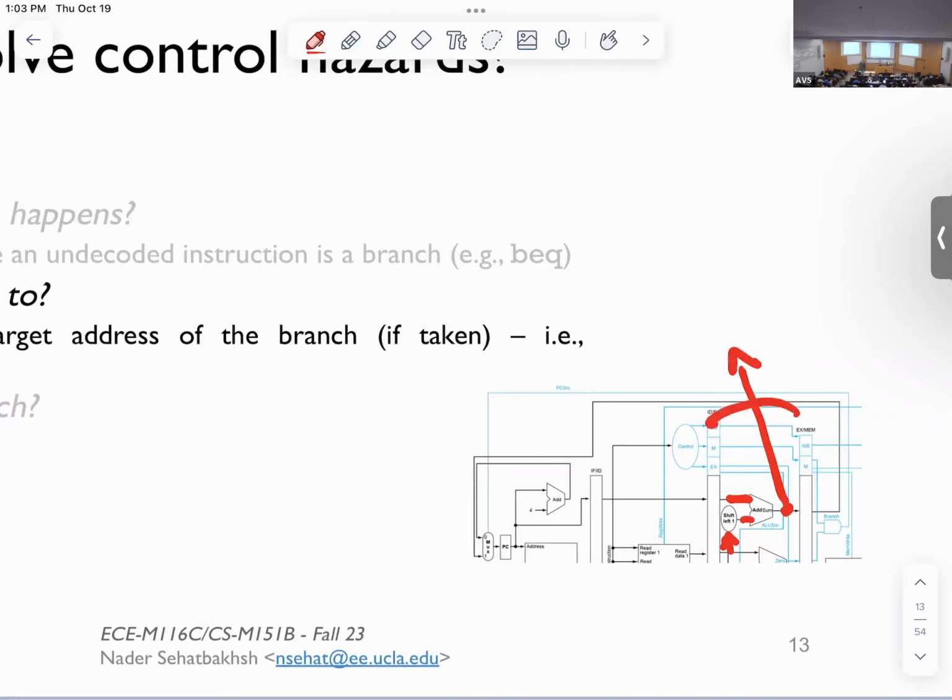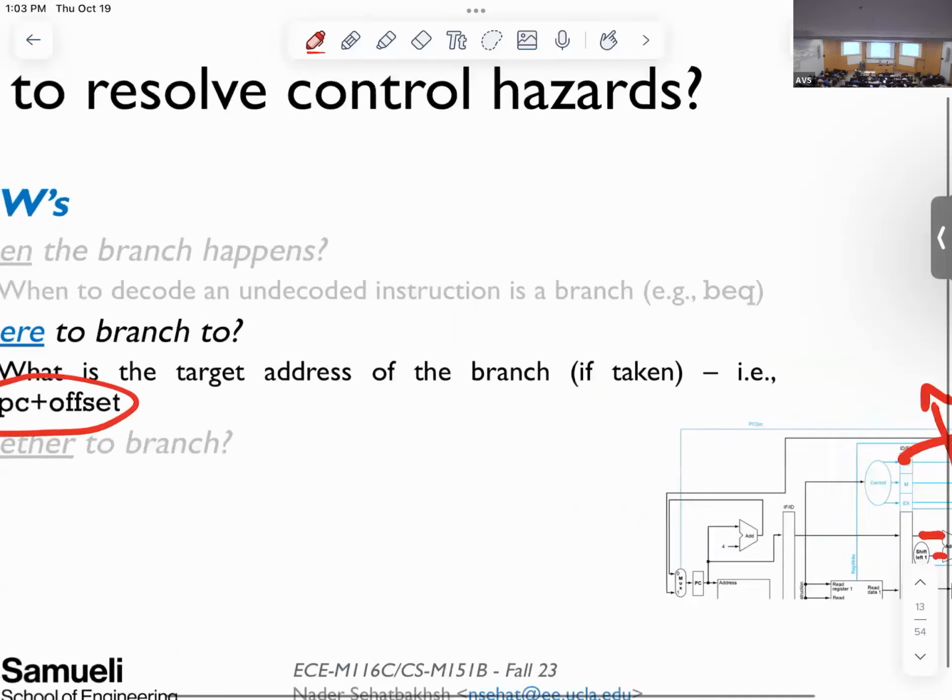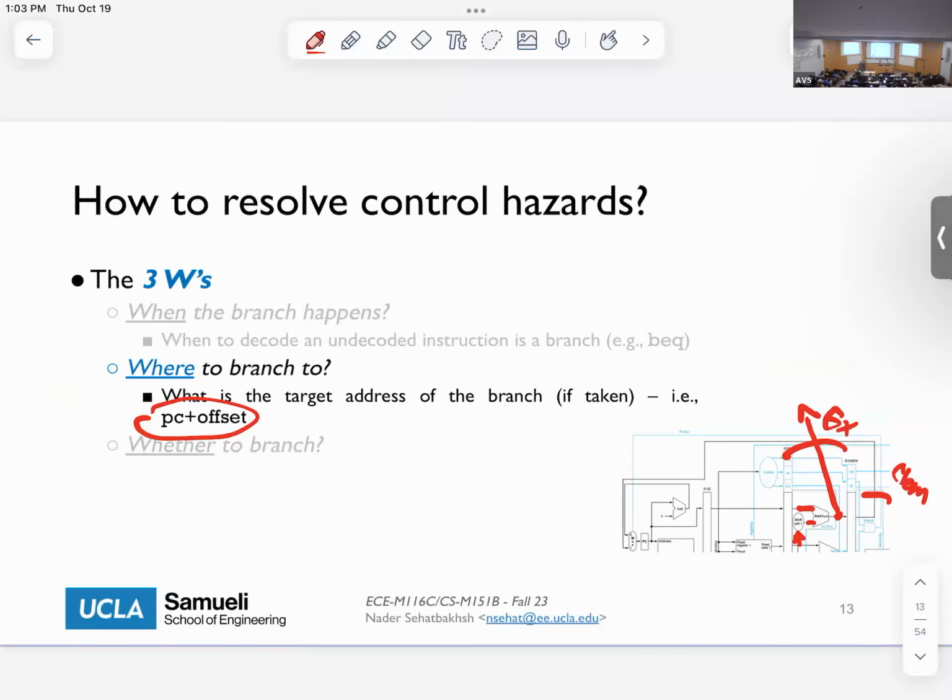So this is the end of the execution stage, or in other words, the beginning of the mem stage. I know this when I have the sign-extended immediate added to my PC. That's when I have the address that I'm going to jump to. So this is the where. And finally, whether we are branching or not, any suggestions when we're going to know that?